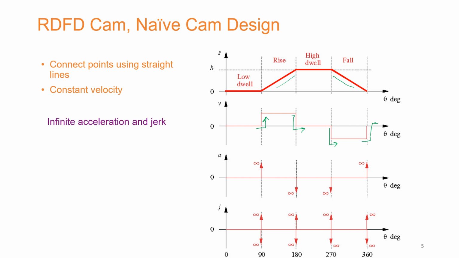So as a result of that, we said that infinite acceleration and jerk may not be acceptable, and that's why we were forced to construct the fundamental law of cam design, and that is what we discussed last time.